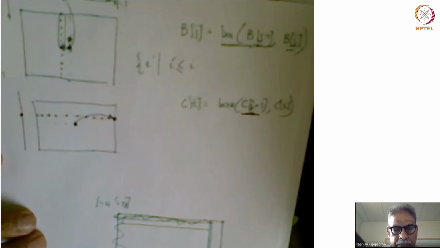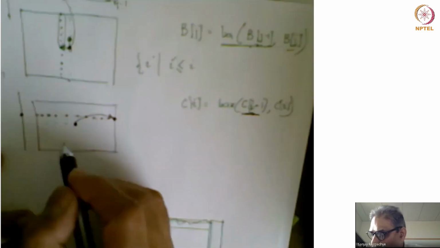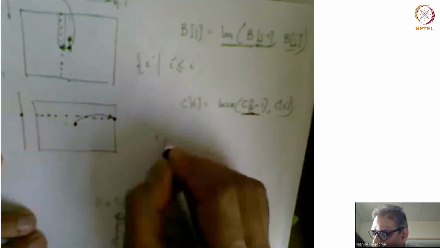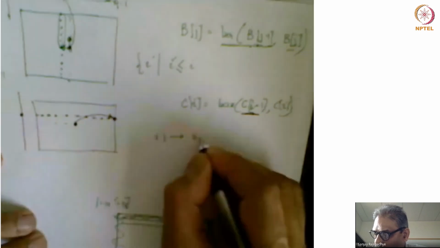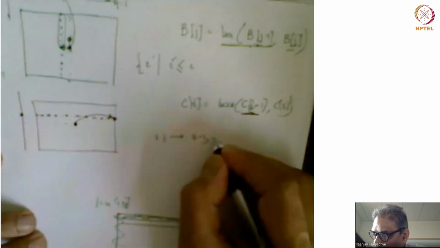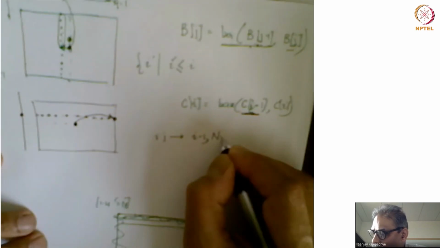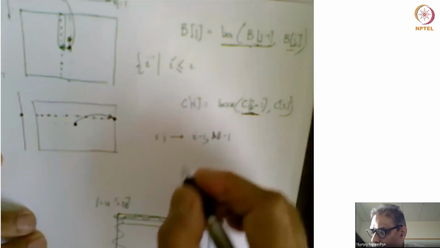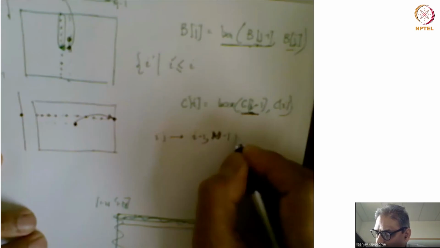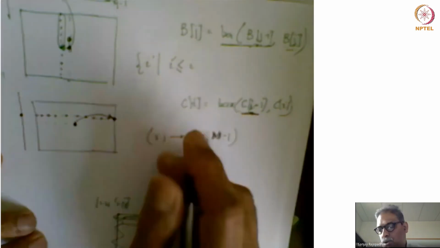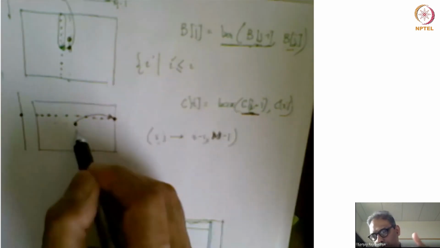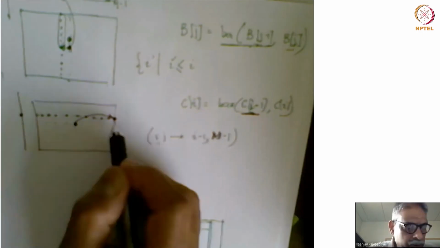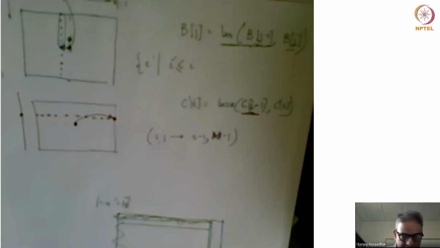So any iteration point ij depends on the row i minus 1, n minus 1. That is the mapping from iteration points to iteration points. This is the mapping from consumer to producer of values in the iteration space.